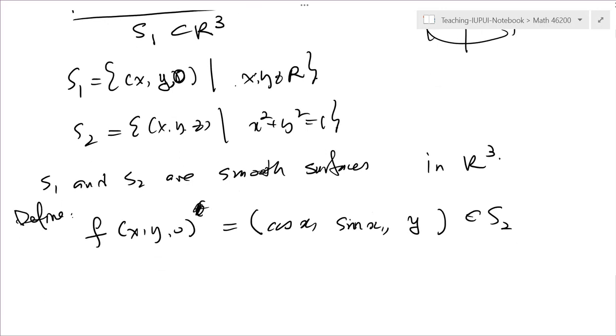How do you see that? F is smooth. And this map F actually can be viewed as a regular patch of the cylinder.